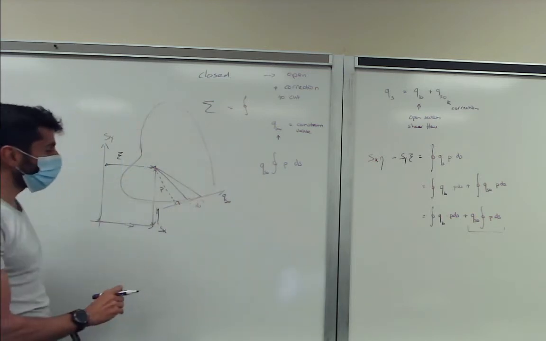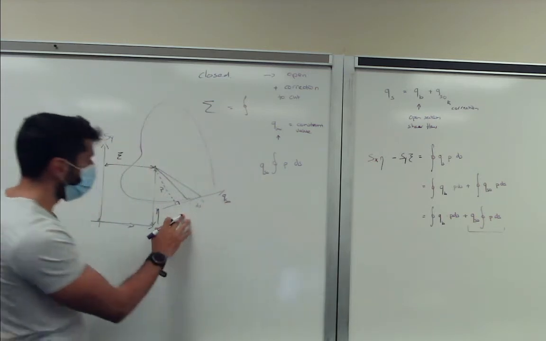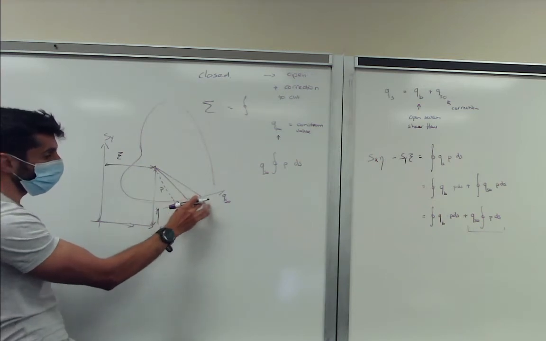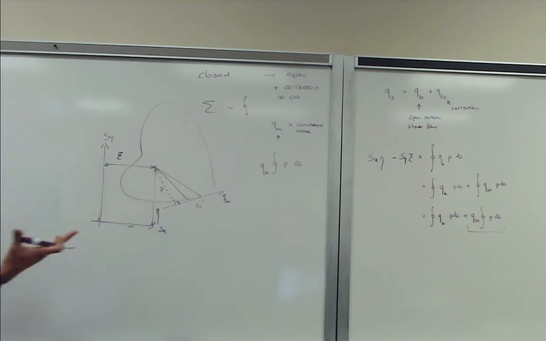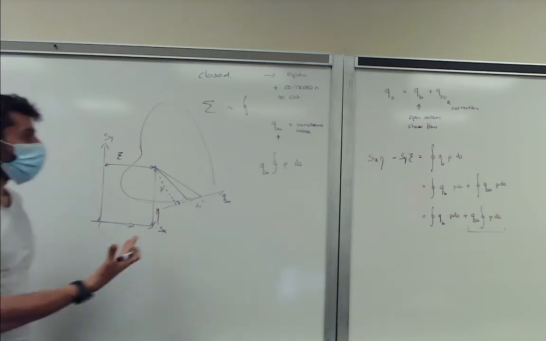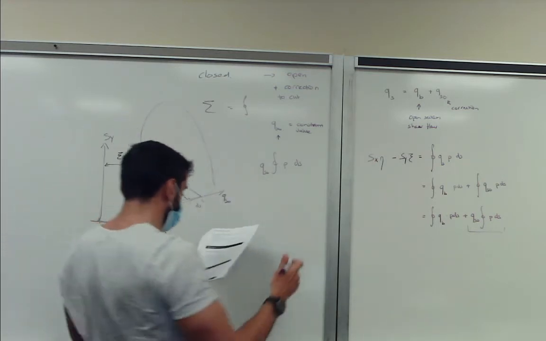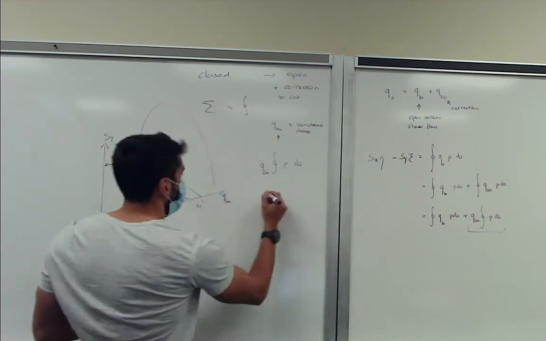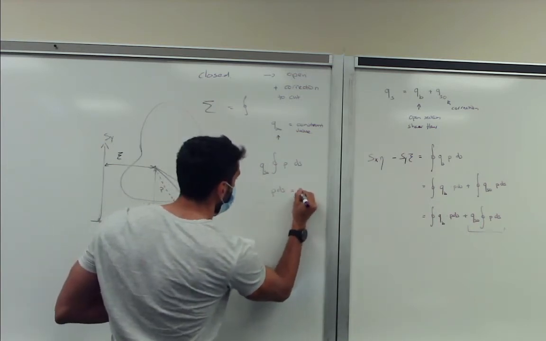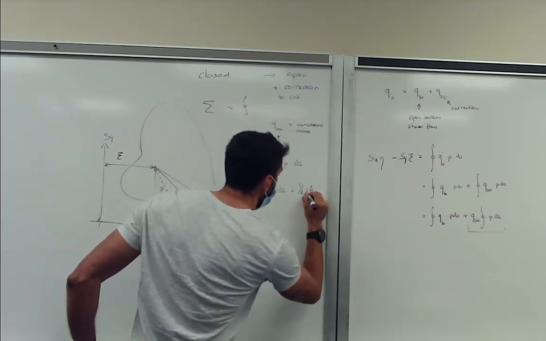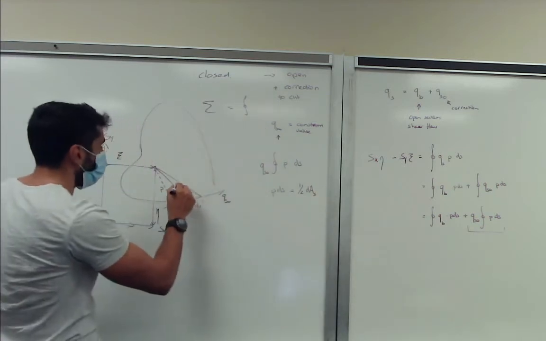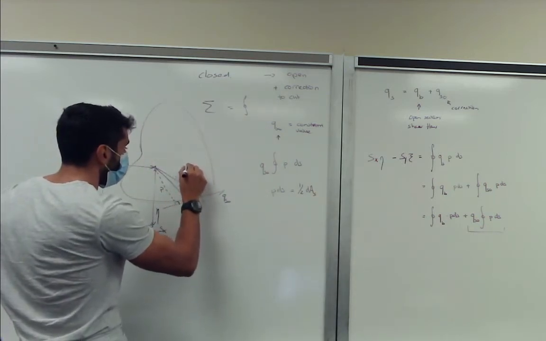If you look at one segment, this p ds, since this is the base of how it intersects with the cross section, this is the height. You can see that is nothing else than the area equation of a triangular segment, right? So p ds is basically twice an area, say delta A, and that will be equal to dA.